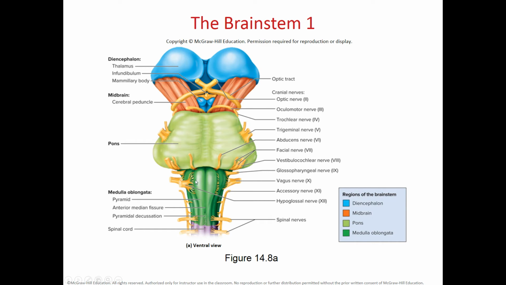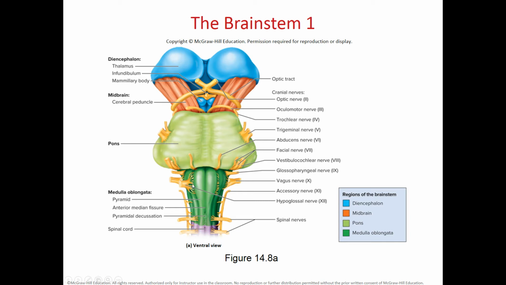So here is the anterior view of the medulla. In this part that you see here, you have the pyramids, the crossing over of the nerves that come from the cerebral cortex. This will be the pyramids as well in here. So this is the pyramidal decussation.